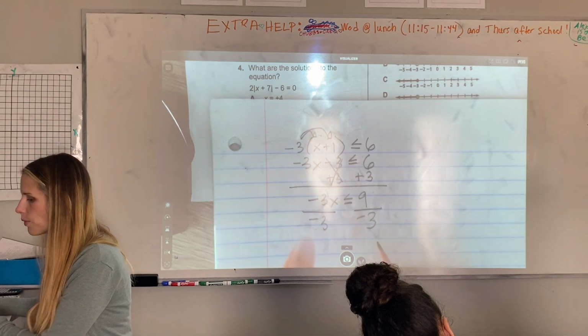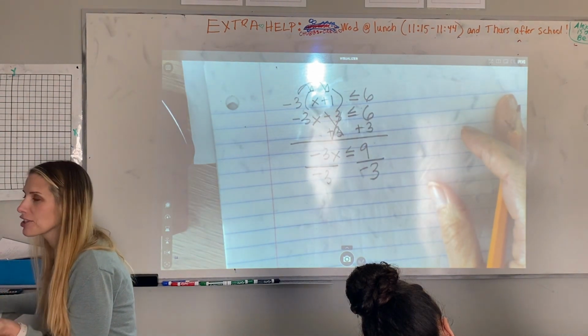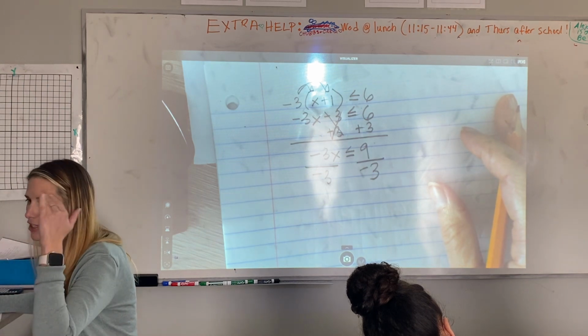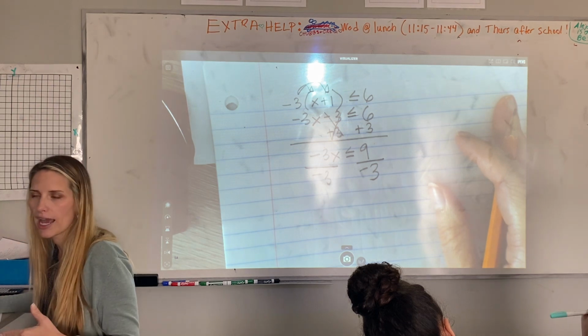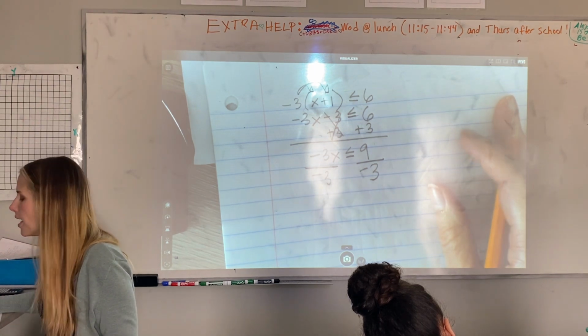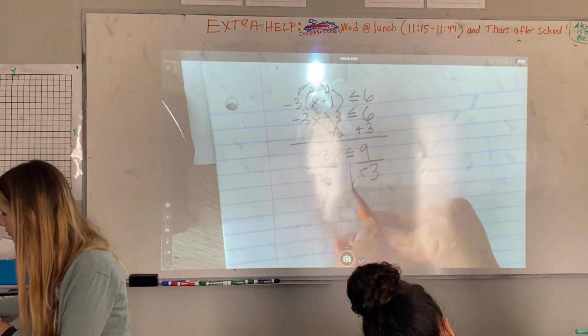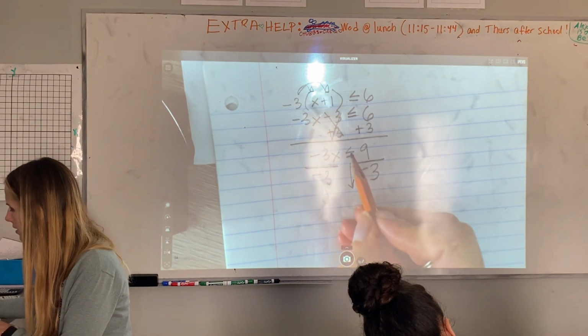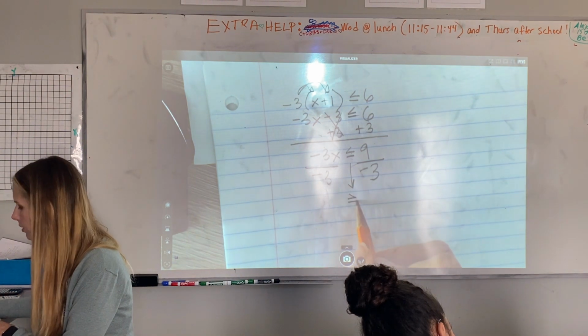Now here is where you have to be super careful. This is a rule that I actually forget sometimes. Sometimes I get so focused on just doing the same thing to both sides and copying everything down, and I forget that rule that when you are dividing by a negative, the inequality must flip, okay? So this less than or equal to sign is going to change into a greater than or equal to sign.